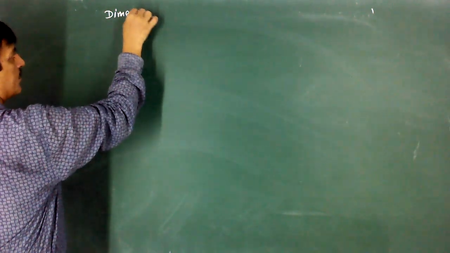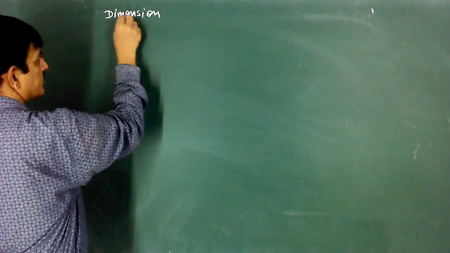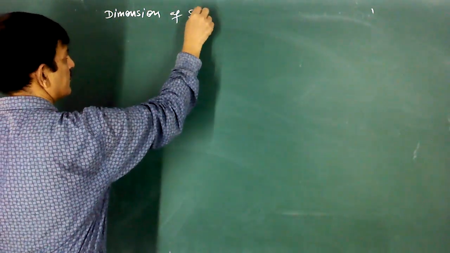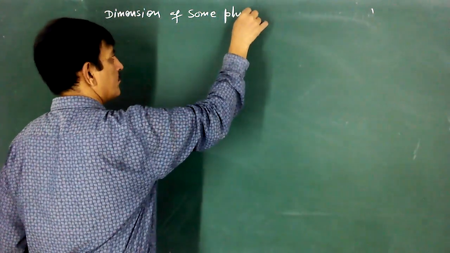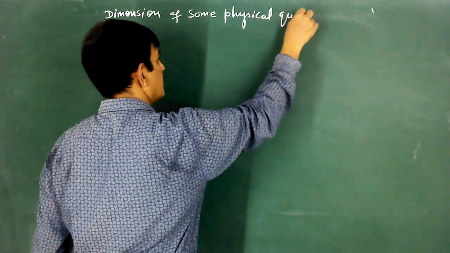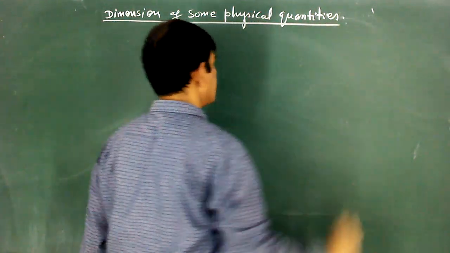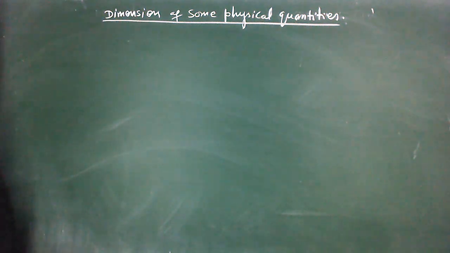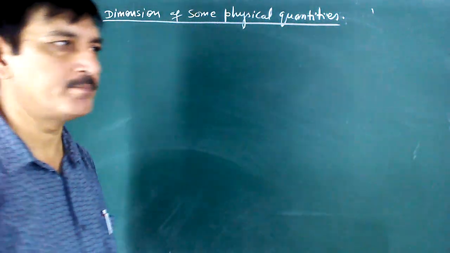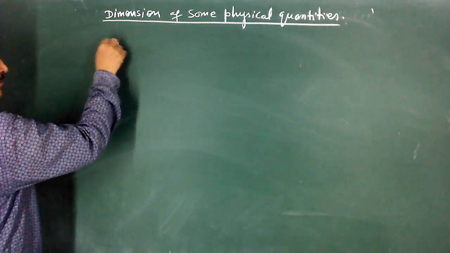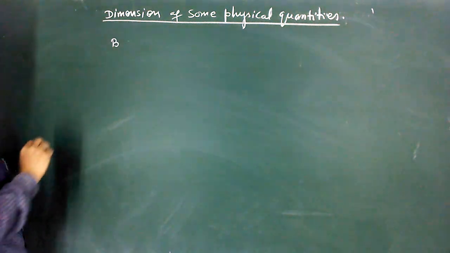Now we want to discuss some dimensions for this chapter. Dimension of some physical quantities. First of all, we will derive the dimension of B, the magnetic induction.